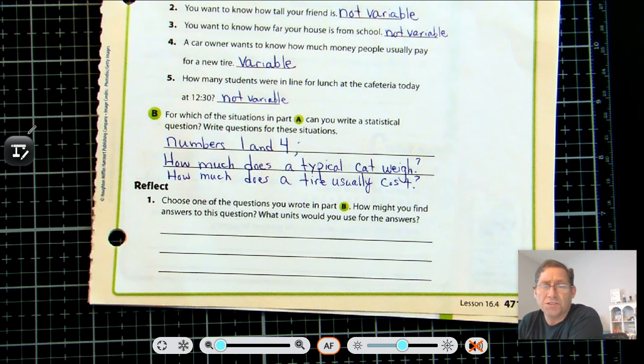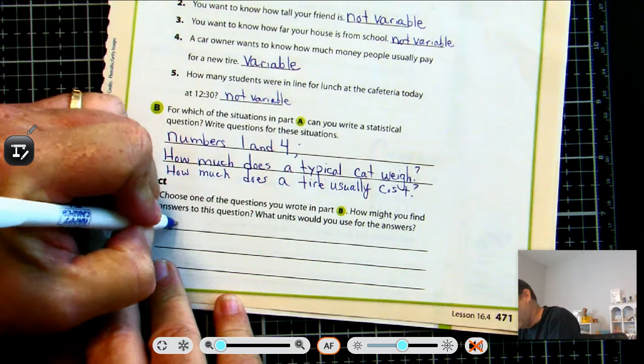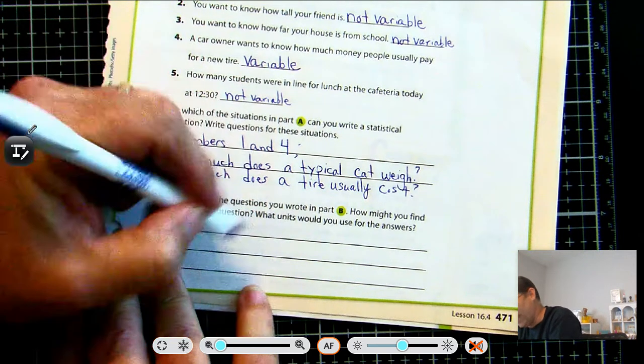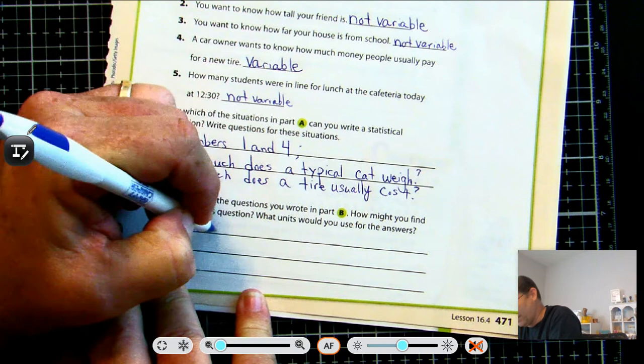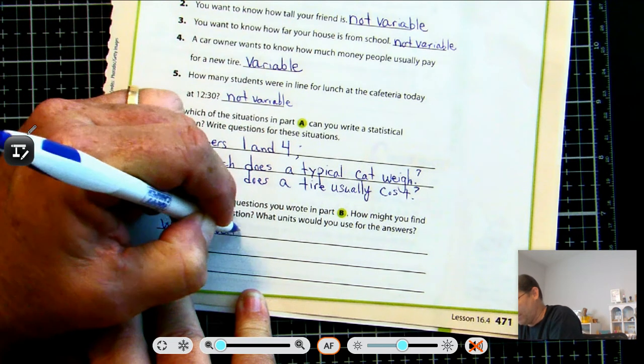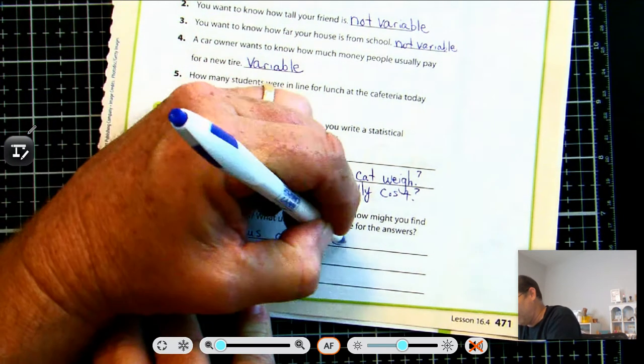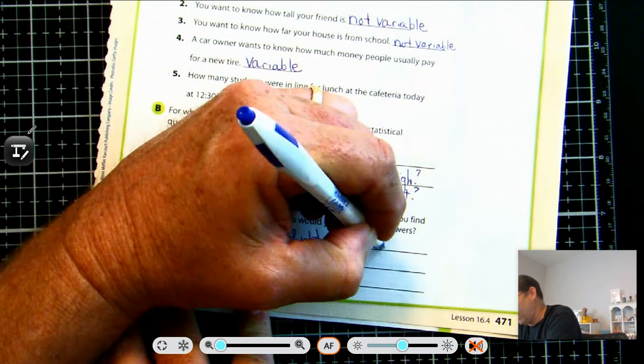All right, choose one of the questions you wrote in part B. How might you find answers to this question? What units would you use for the answers? Well, let's look at how much does a typical cat weigh? How would we get that information? Well, we'd have to get the weight of various adult cats and record their weights.